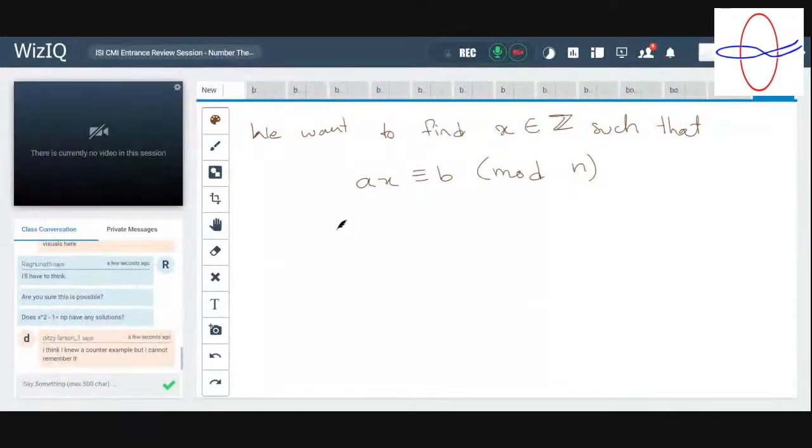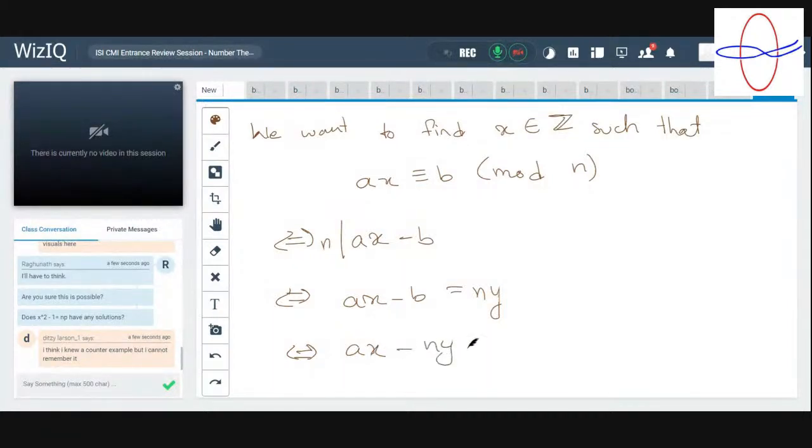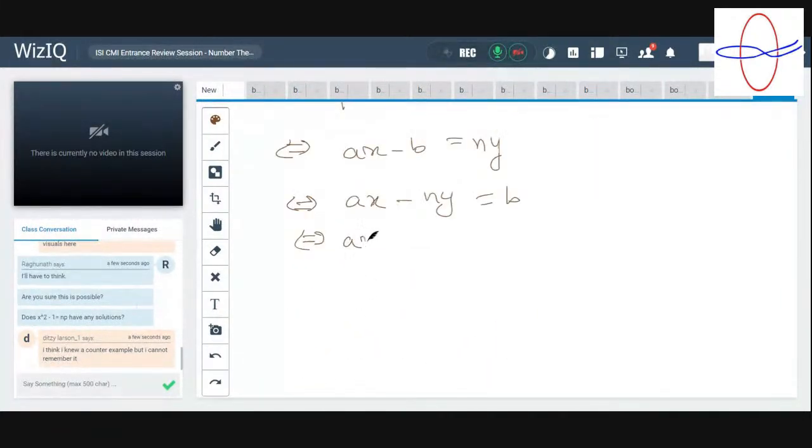But then you realize that this is the same as saying that ax minus b is divisible by n, which is the same as saying ax minus b is some ny, which is the same as saying ax minus ny is equal to b, which is the same as saying ax plus my is equal to b.